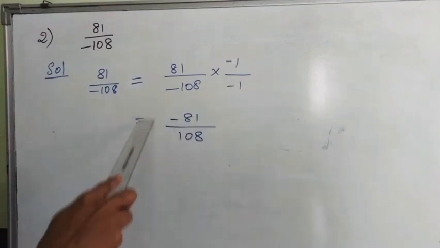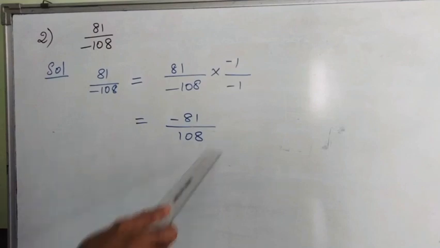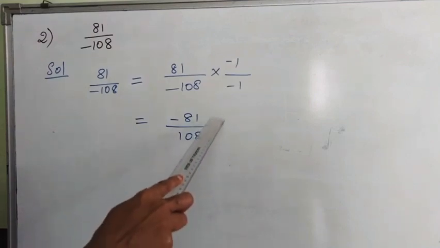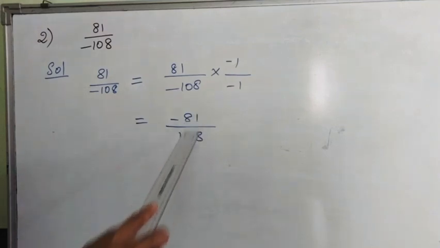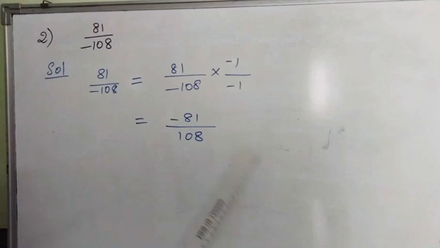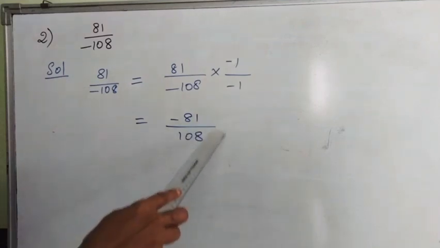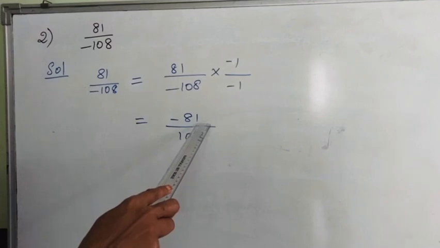Okay, first you have to do this step, and after that we have to take the common factor for numerator and denominator. Okay, so what is the common factor for 81 and 108? We have to check each table. The 2 table is not possible, because 81 is an odd number, so it could not come in the 2 table.